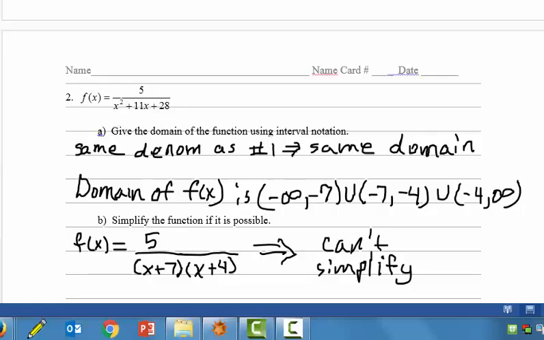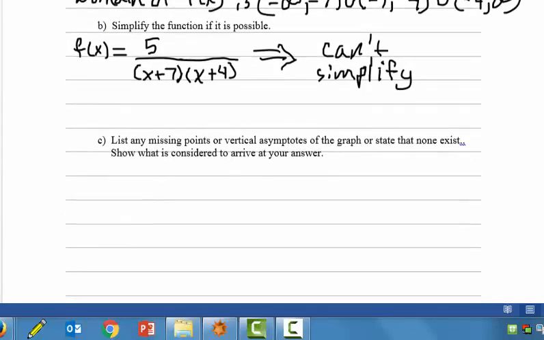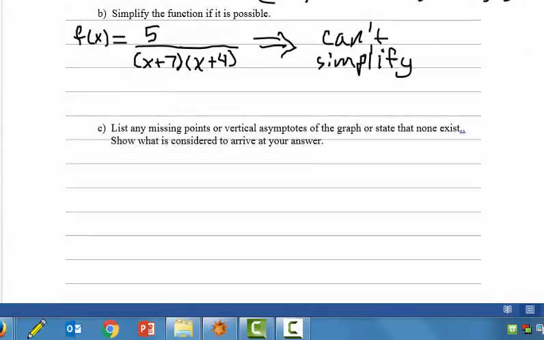And then part C, we want to find any missing points or vertical asymptotes. These are only going to happen at the values that make my denominator 0. So I need to consider f of negative 7. And notice that's going to give me 5 over 0 because the numerator is always 5. And I know negative 7 makes the denominator 0.